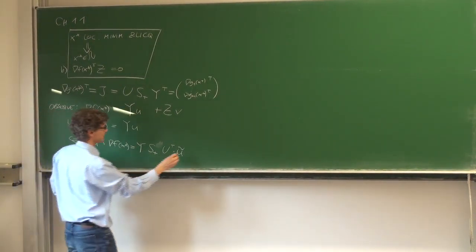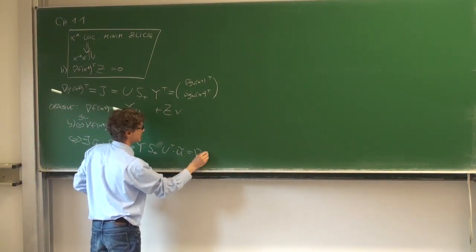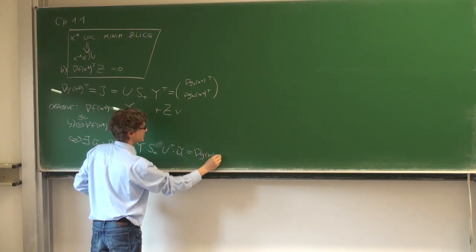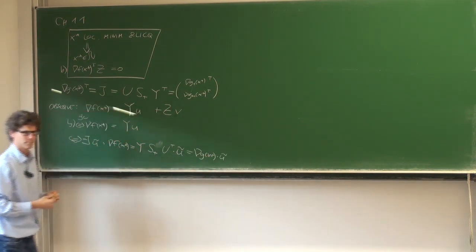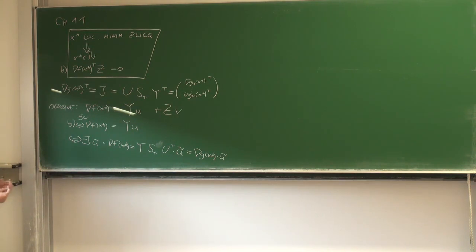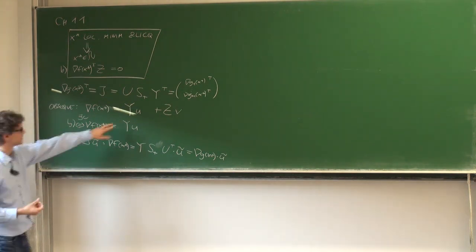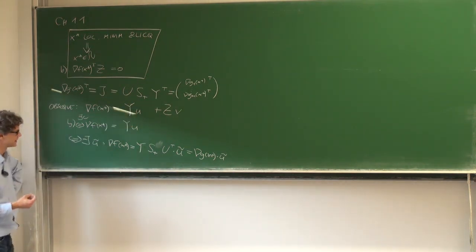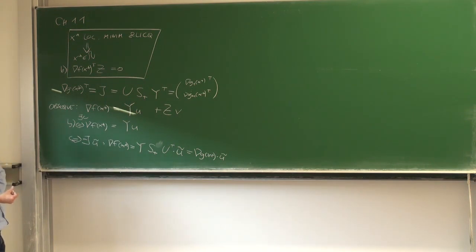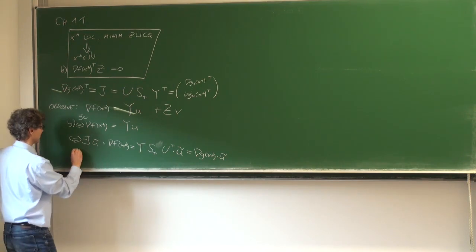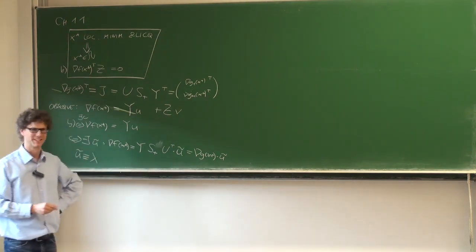So this is actually the same as nabla g of x star times u tilde. So it's just some rescaled component in this space of the Y's. And what is now interesting is I will just call the u tilde lambda. That's just a renaming.